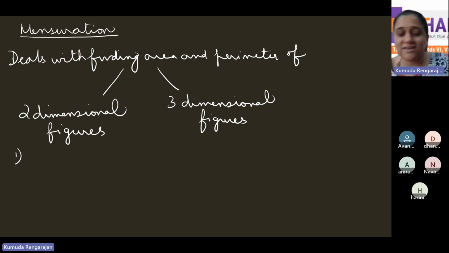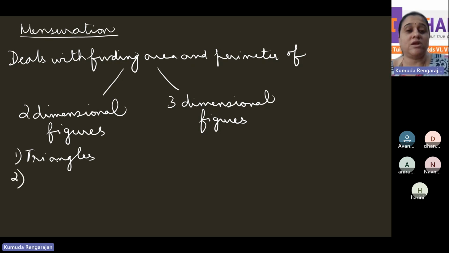All right, children, fine. So, what was I telling you? Yes, that's about two-dimensional and three-dimensional figures. Now, under two-dimensional figures, some figures you will be seeing are triangles, all kinds of triangles. That is how to find the area and perimeter of different types of triangles: scalene, isosceles, equilateral.